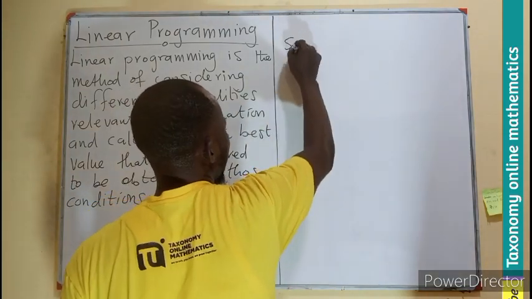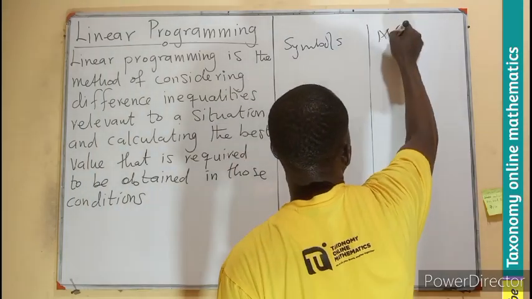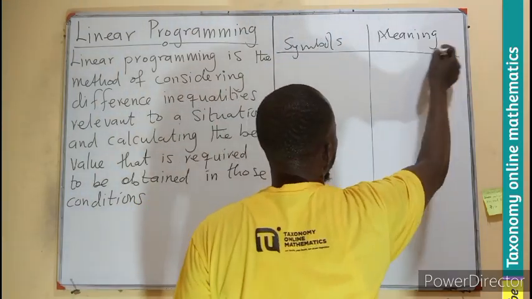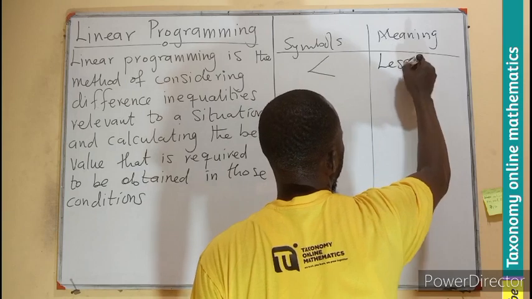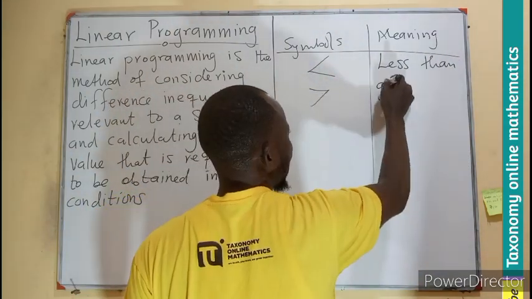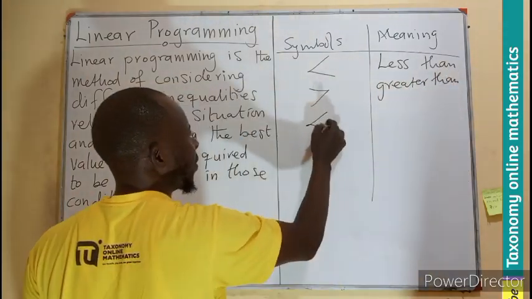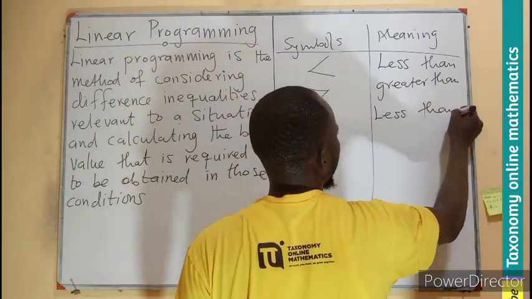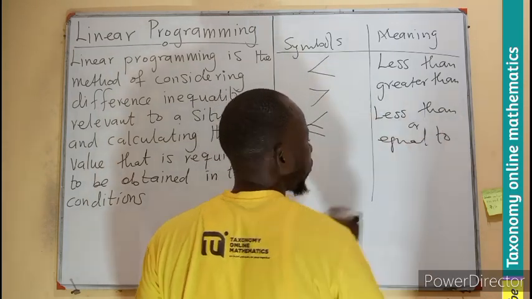So we have our symbols, then what are their meanings? We can have this as less than. Then we have this as greater than. We have this, that is less than or equal to.